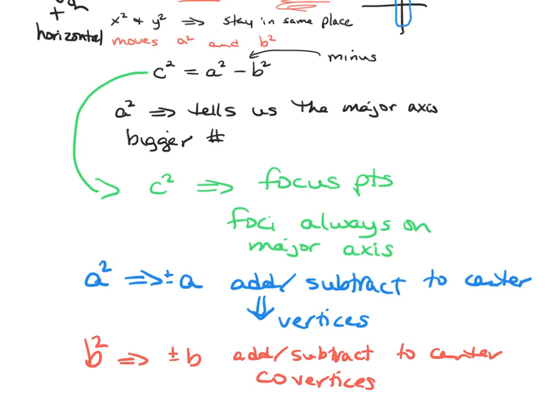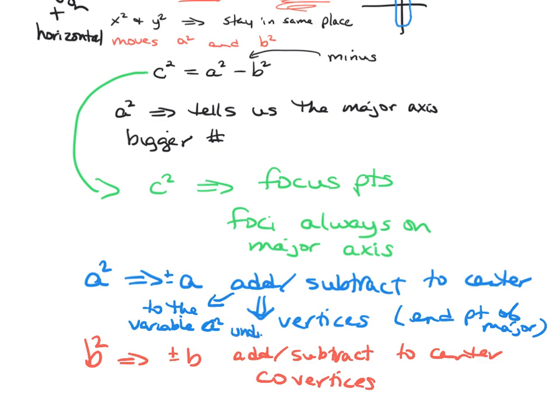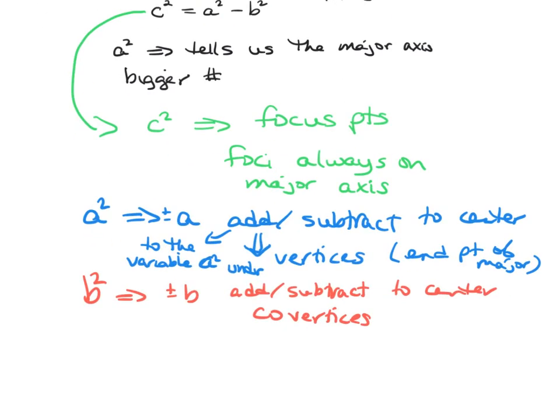Now, for this, our vertices, these are the endpoints of the major axis. The variable that we add and subtract it to is the variable that the a squared is under. Same thing here.